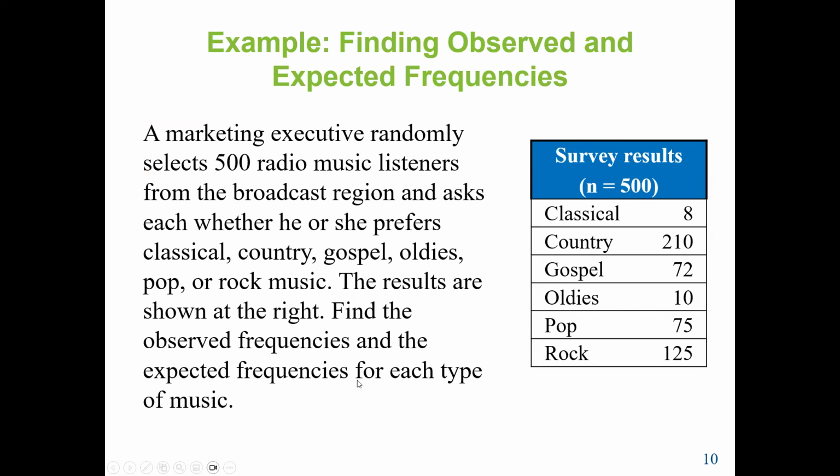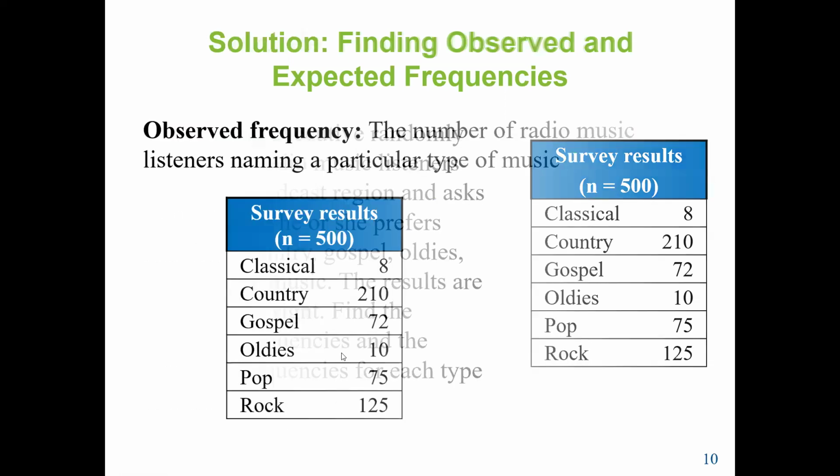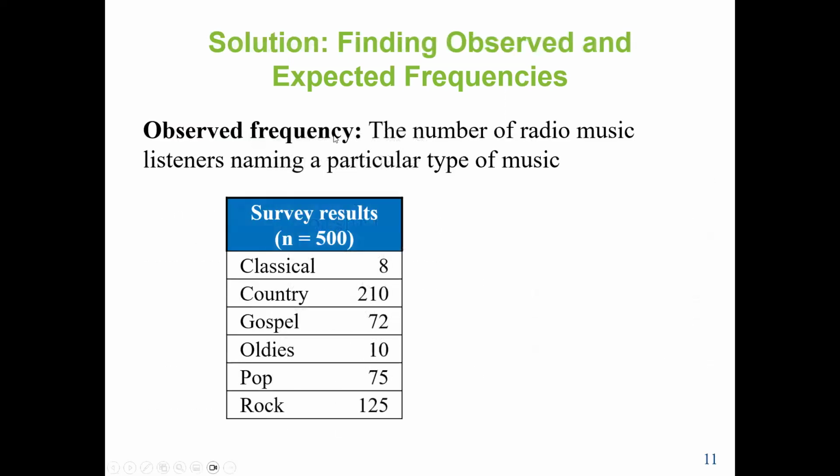Now we are going to find the observed frequencies and also the expected frequency for each type of music. First we start with the observed frequency. We already know the number of radio music listeners naming a particular type of music, and this is the sample we collected, or the survey result. Classical is 8, country 210, gospel 72, oldies 10, pop 75, and rock 125.